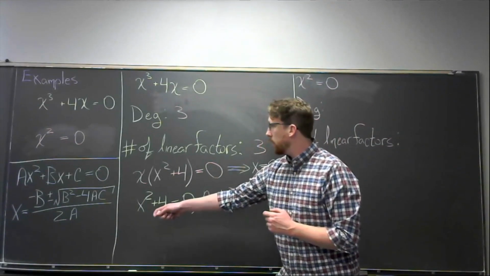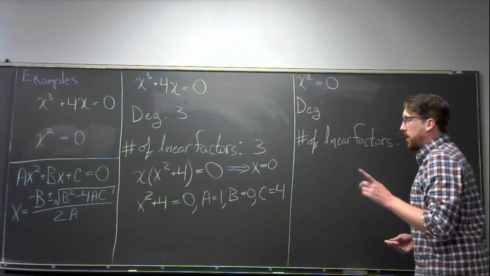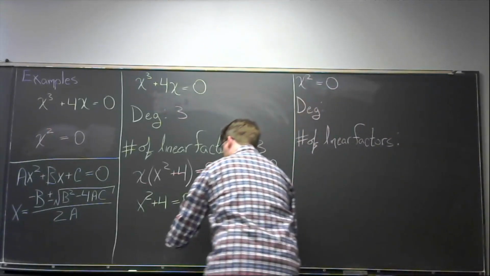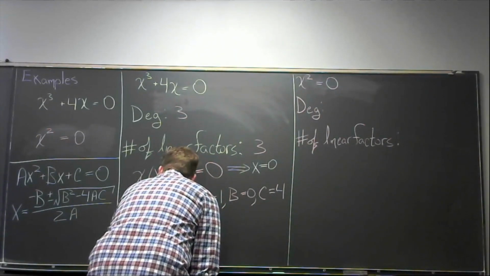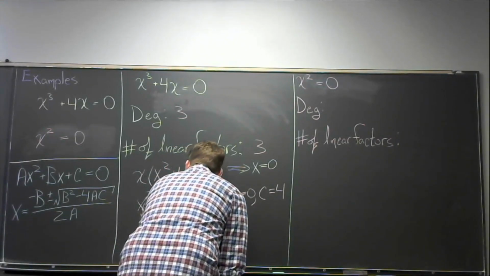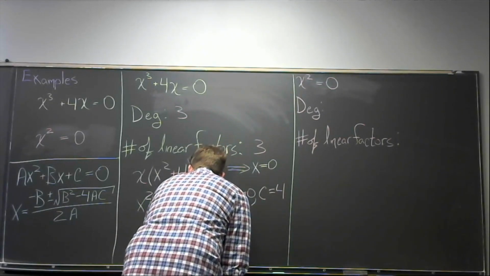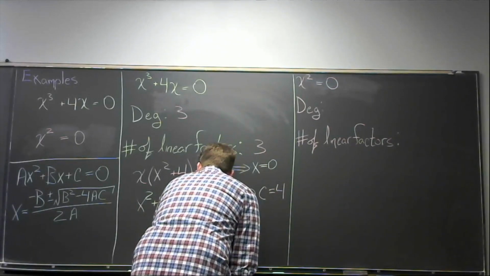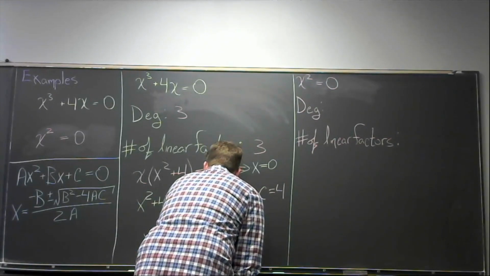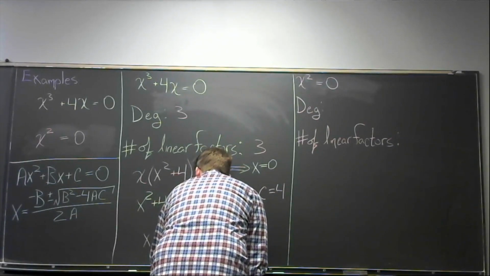This is our c, based on this original equation. Because of that, all we're going to be left with is x equal to plus or minus the square root of, my mistake, negative 4 times 1 times 4, all of this divided by 2a, so 2 times 1.